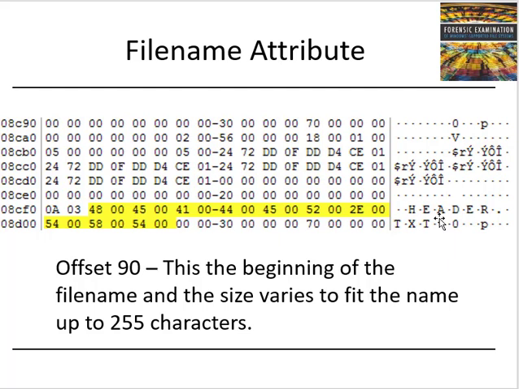But one thing to recognize is we can actually have multiple file name attributes. Just like having a short file name and a long file name, that's 2 file name attributes. It will repeat the same attribute, but the length will be different.